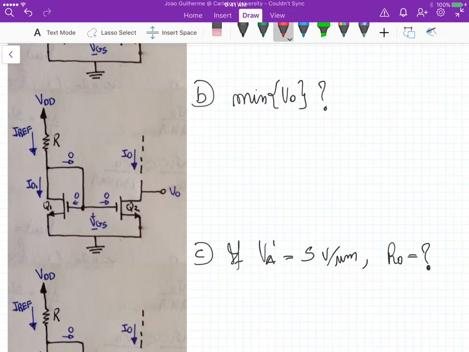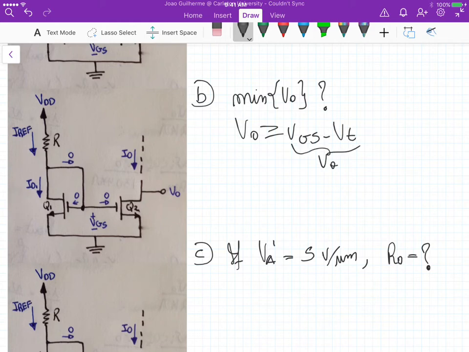So one thing, for this current mirror to operate, we must operate the NMOS transistors in the saturation mode. And for that, we must have V out greater than or equal to VGS minus VT, and that's particularly the overdrive voltage.